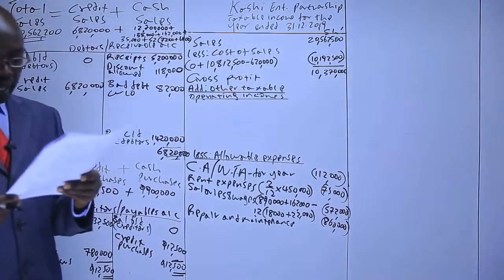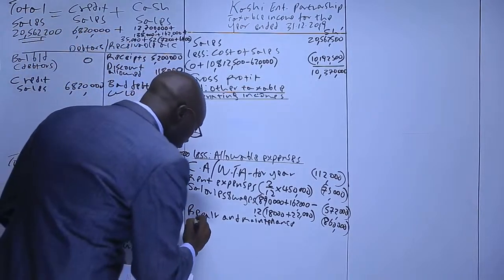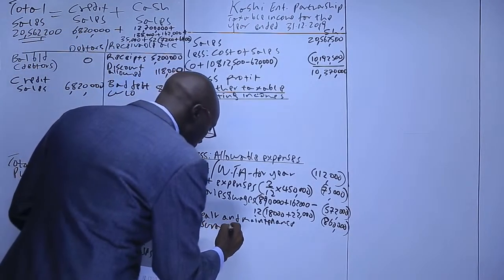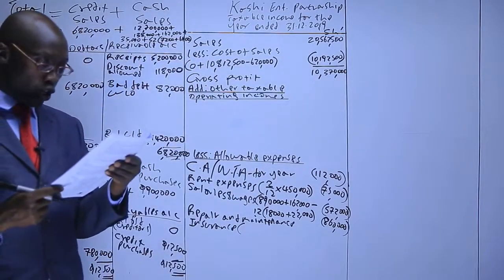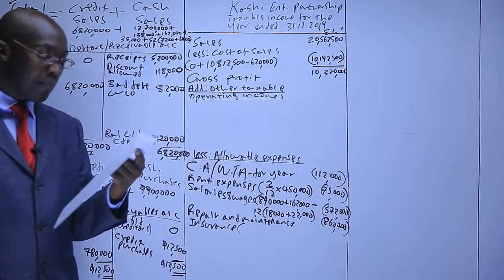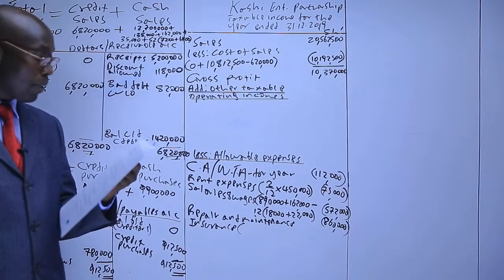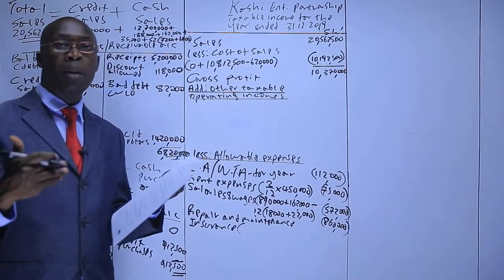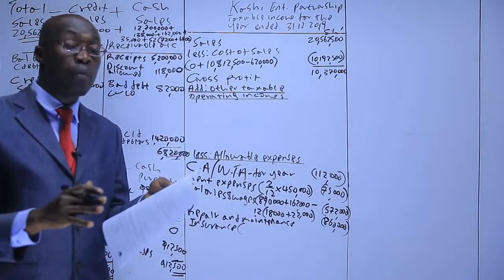After that, we go back. After the repair and maintenance, there is insurance. Insurance is also an allowable expense. Is it mentioned somewhere else? Yes. Additional information number 3. As at 31st December 2019, electricity and insurance prepaid. So this was prepaid and it's at the end of the year. We said prepaid at the end of the year is for next year, not for this. Anything that is not for this year, we minus.